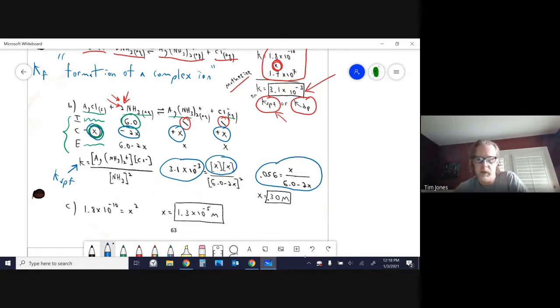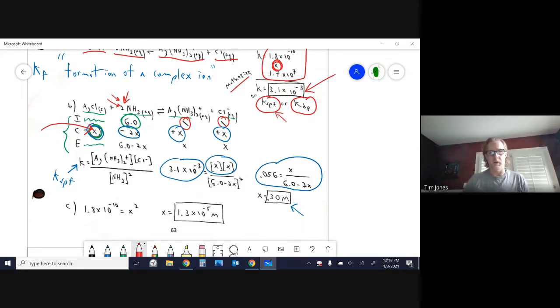Combine like terms, and you end up getting an X of 0.30 molarity. In other words, this X way back here is saying that in 6 molar ammonia, you can get 0.30 moles of silver chloride dissolved per liter.